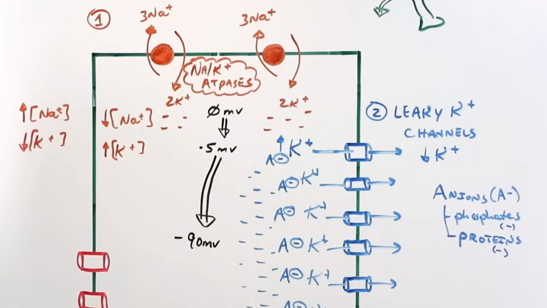Now, let's see exactly what's happening here. So, why is potassium leaving the cell? What's wrong with home? I mean, none of us want to leave home. I bet most of us like class at home on Zoom better than class in school, you know? So, if potassium's home is inside the cell, why leave home?